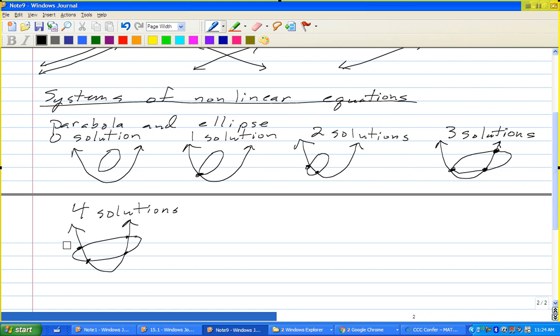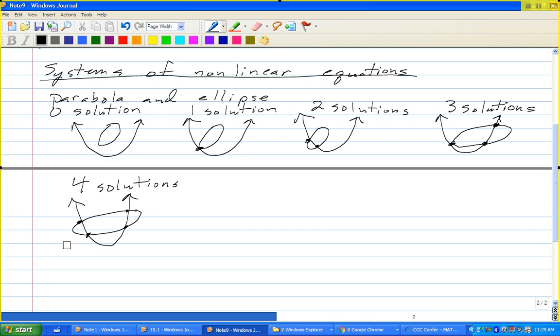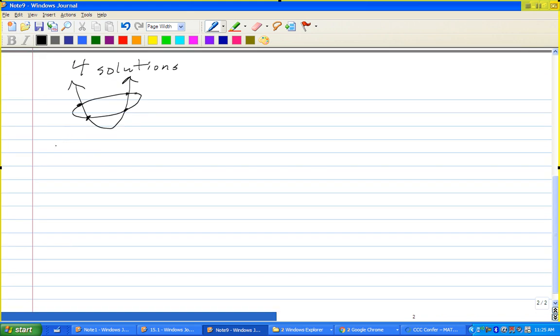So let's recall also the techniques for solving systems of linear equations.